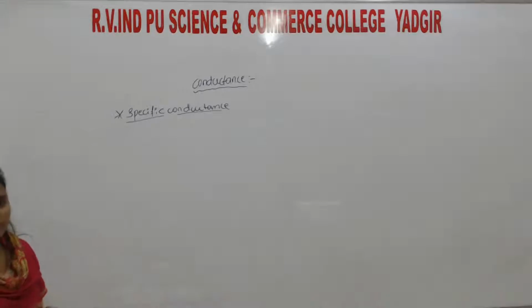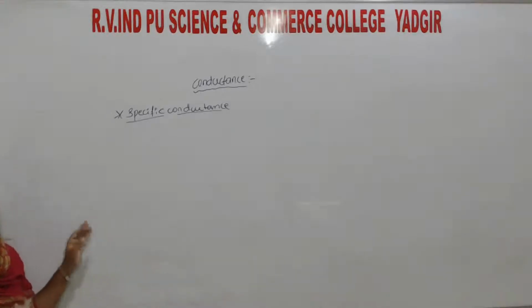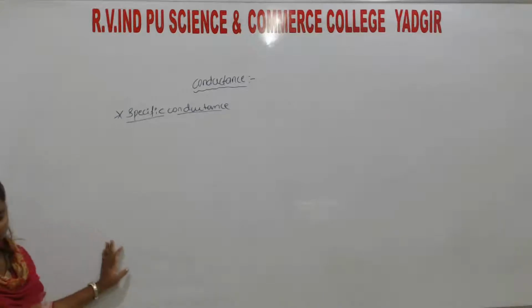You can take a cube here, with length and area of cross section, and here 1 centimeter length.